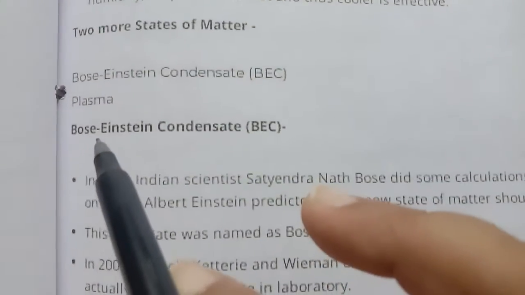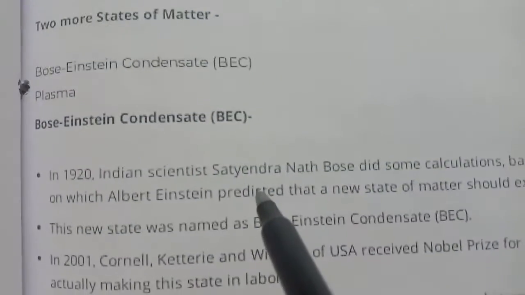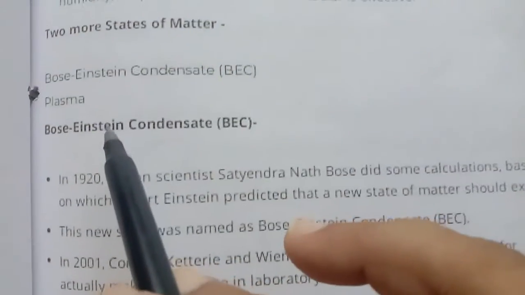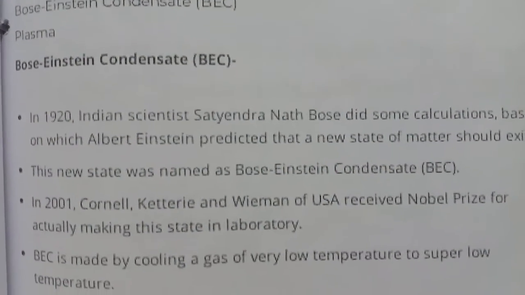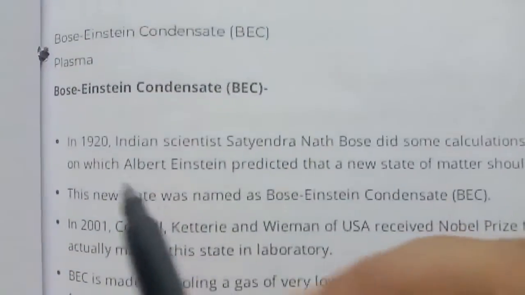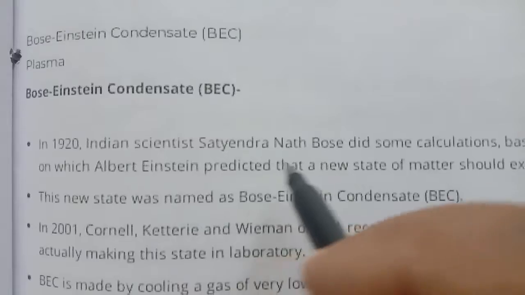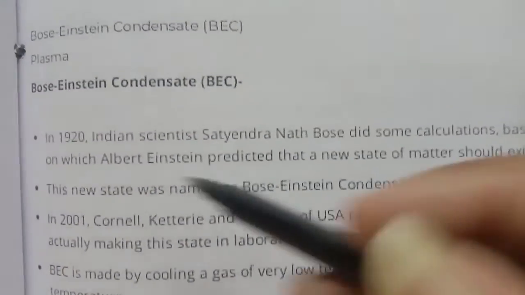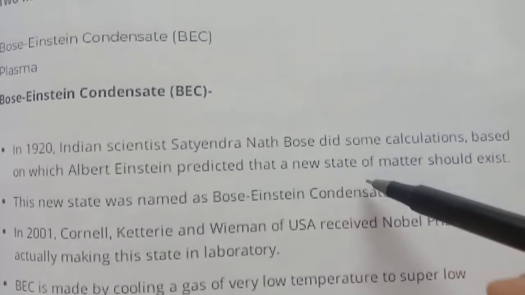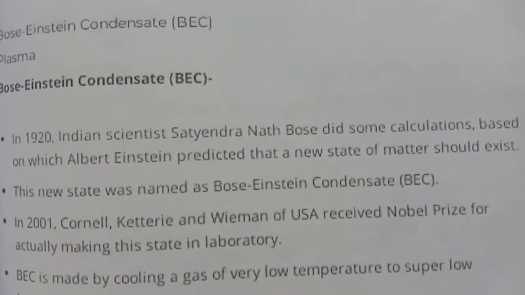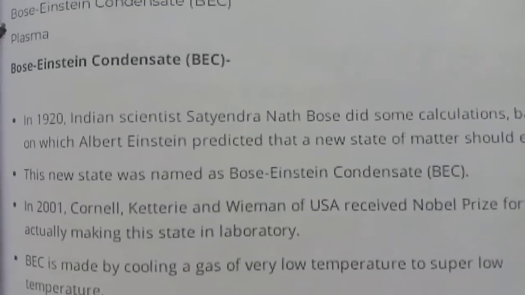Bose is given in remembrance of Indian scientist Satyendranath Bose, and Einstein we know is Albert Einstein. So, based on some calculations by Indian scientist Satyendranath Bose in 1920, Albert Einstein predicted one new state of matter, that is Bose-Einstein condensate.